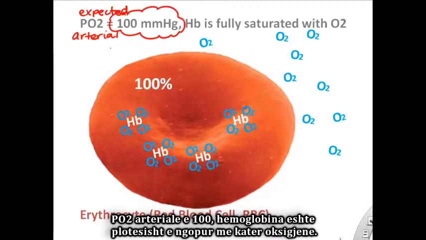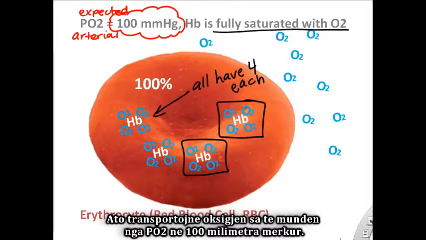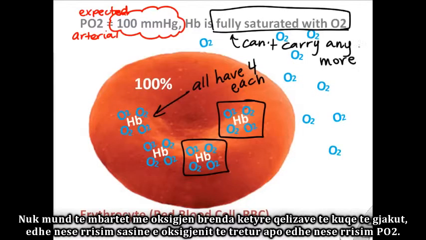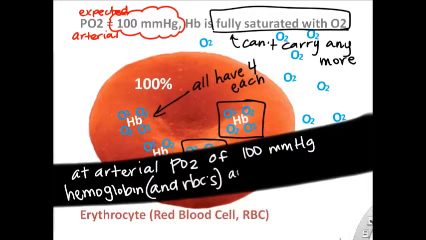At an expected arterial PO2 of 100, our hemoglobins are fully saturated with their 4 little oxygens. So they're carrying as much oxygen as they can at a PO2 of 100 millimeters of mercury. You can't carry any more oxygen inside those red blood cells, even if you increase the dissolved oxygen and the PO2.